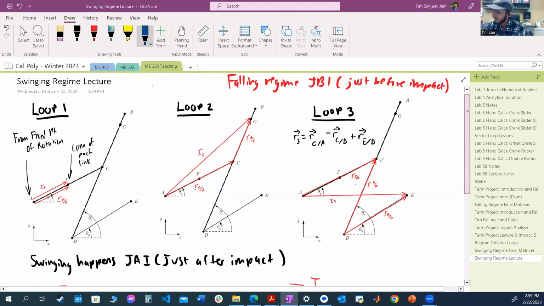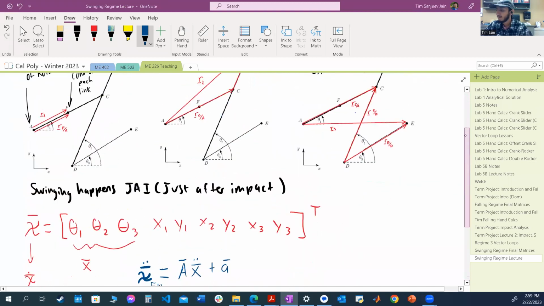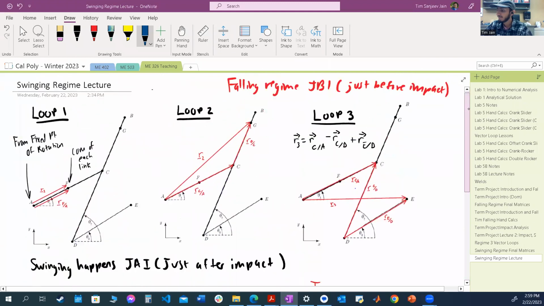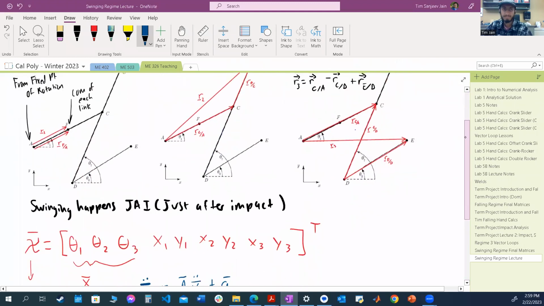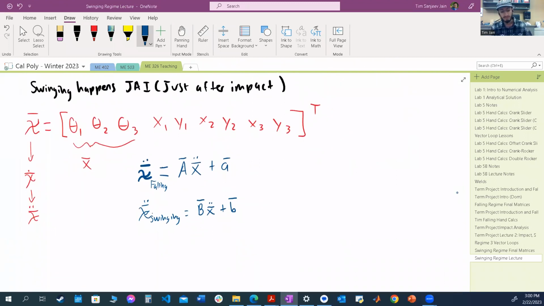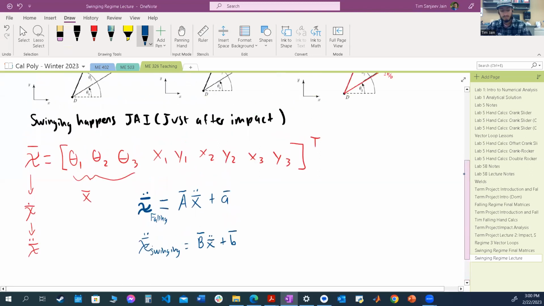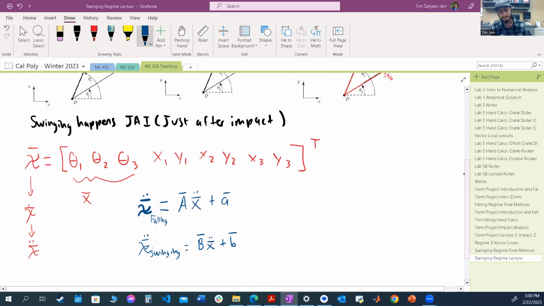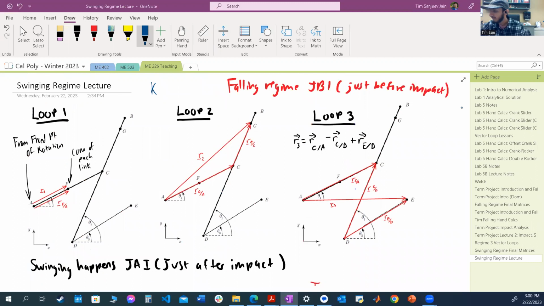So you're going to use those three vector loops to find the center of mass equations. That is going to be pretty similar to last week's analysis, except that the big B and little b are different. So this was all your kinematics.